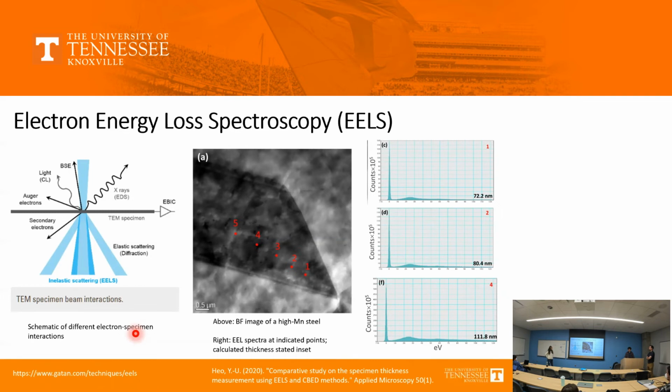EELS exploits this in the sense that you can record with the direct beam, often in conjunction with collecting angularly scattered information. Knowing the incident energy of your electrons, which you can know pretty well, with some corrections, you can see how much energy they lose on the way through. You can collect these spectra shown on the right.